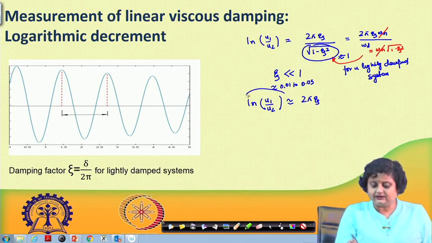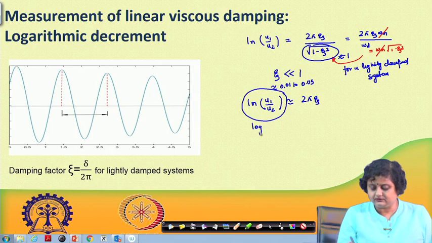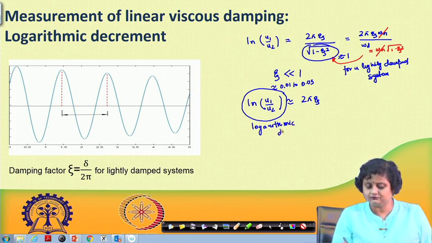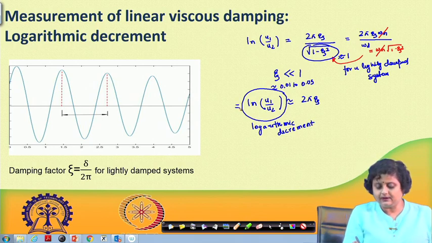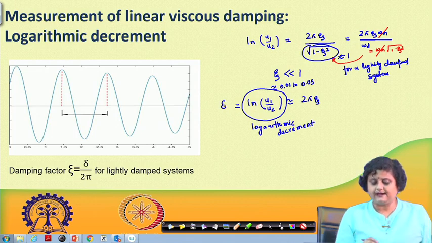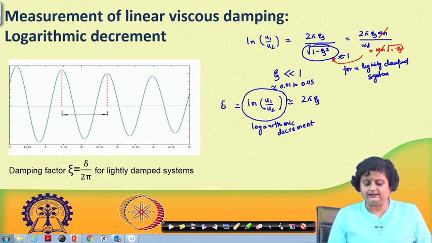Now, this term is called the logarithmic decrement. This term, the term that gives me the log of the ratio of the amplitude at a time period away, is called the logarithmic decrement and generally represented by this symbol delta.